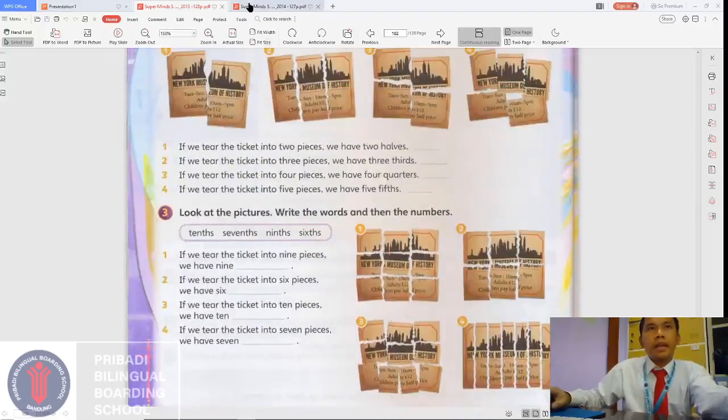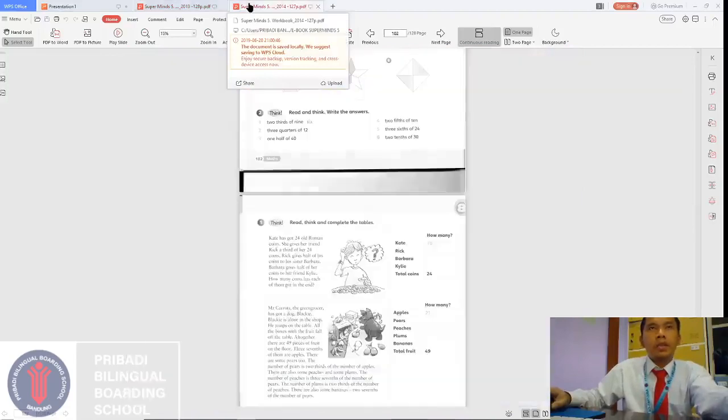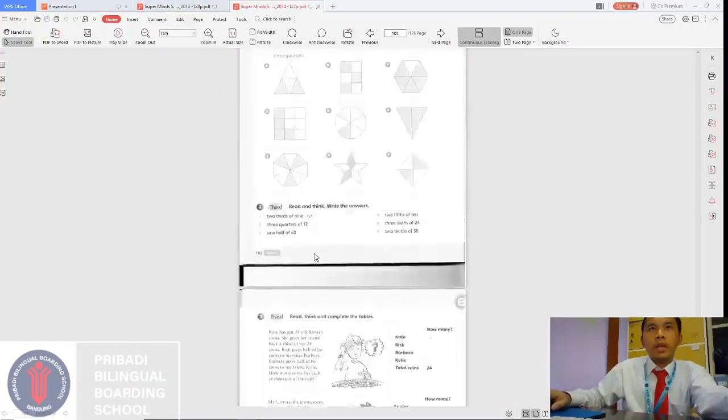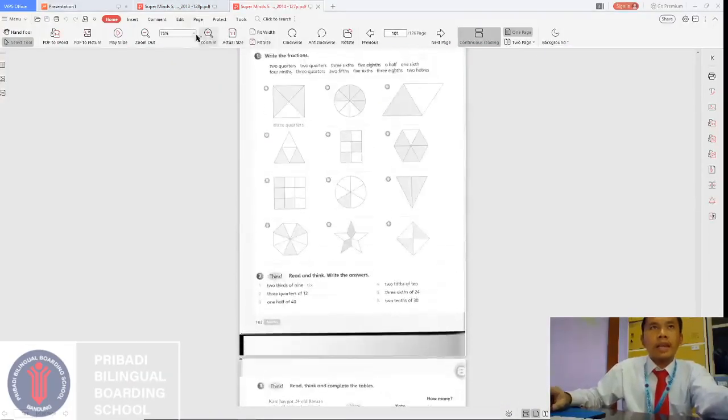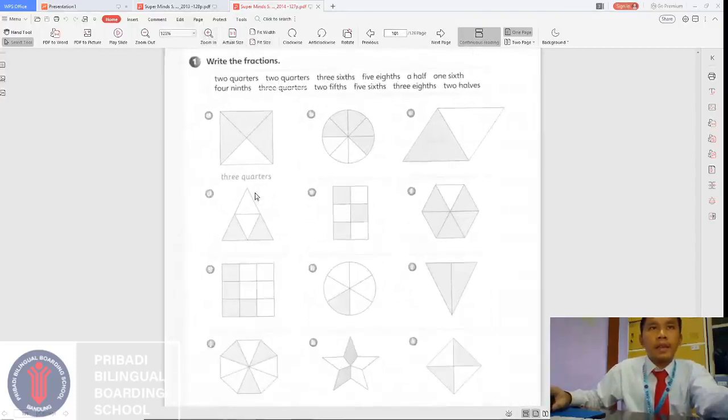Let's look at the Supermind workbook. We have this one as the exercise. You can see here 3/4: 3 shaded parts, 1, 2, 3, over how many parts? 1, 2, 3, 4, over 4, or 3/4. So in English we say 3/4.